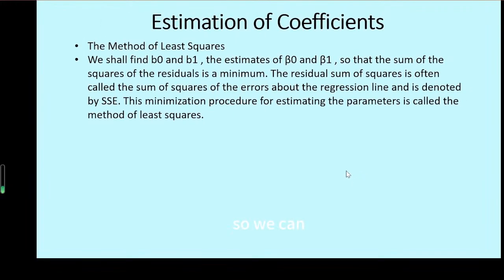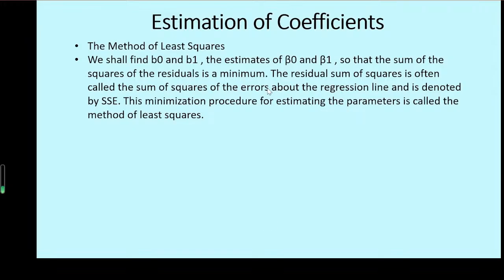So we can talk about the method of estimation. And the method of estimation widely used in regression models is least squares. So we should find b0 and b1, which are estimates of beta 0 and beta 1, so that the sum of the squares of the residuals is a minimum.